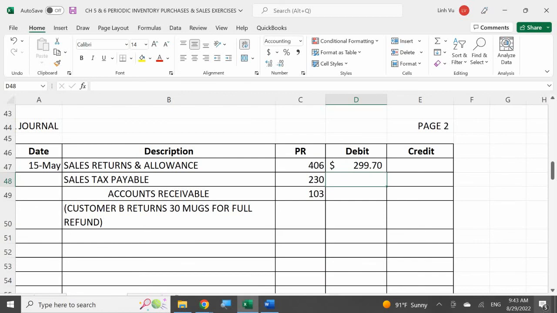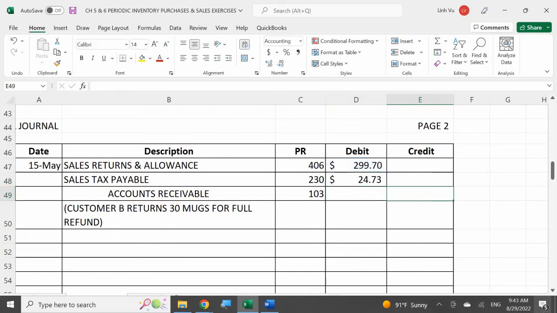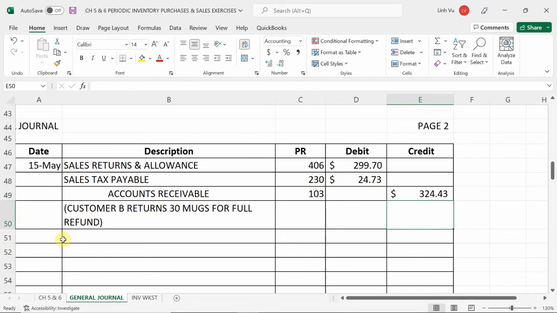Were you calculating the tax? Yeah. Okay. So then in grand total, how much am I going to decrease their account by? $324.43. Okay. Now, what do I do with these coffee mugs?